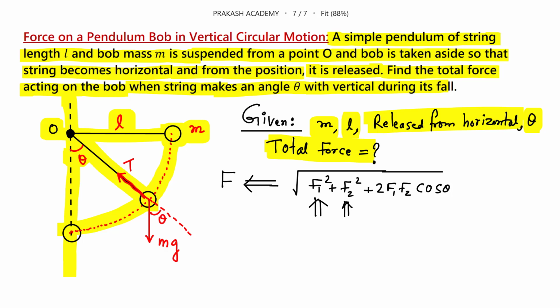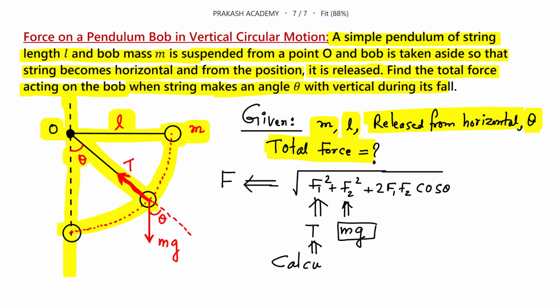So if I take the resultant of this force T and the other force mg, I will get the total force. This means F1 may be T and F2 is mg. So mg is known to me.